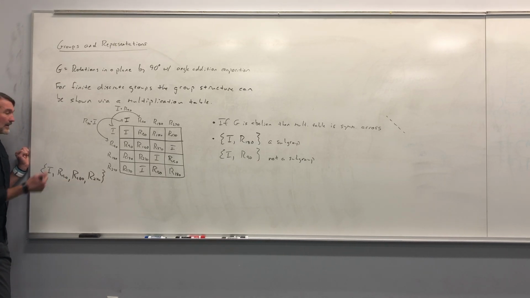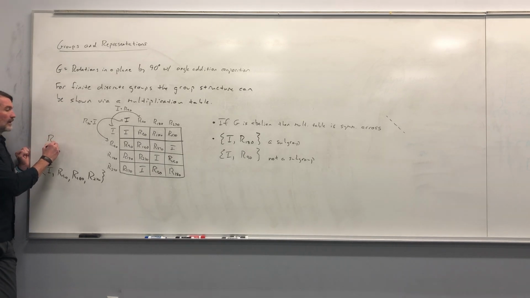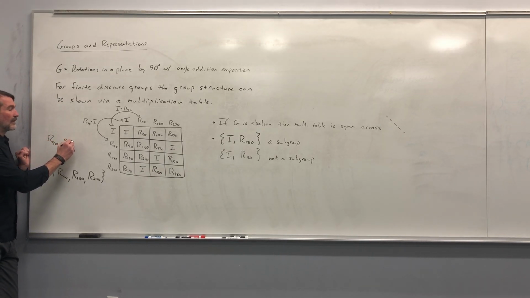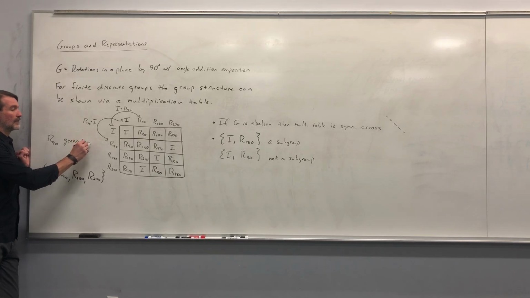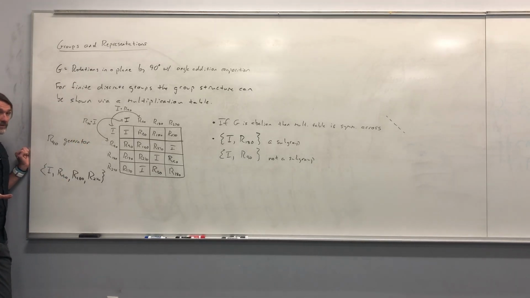So R90 is what we call a generator of the set. It's not a subgroup, but this element by itself will create all of the other elements. Any other generator? R270.